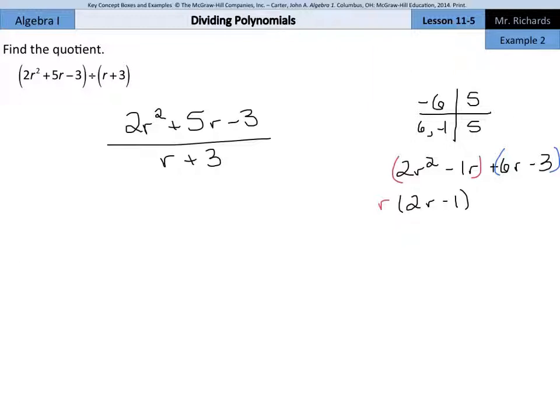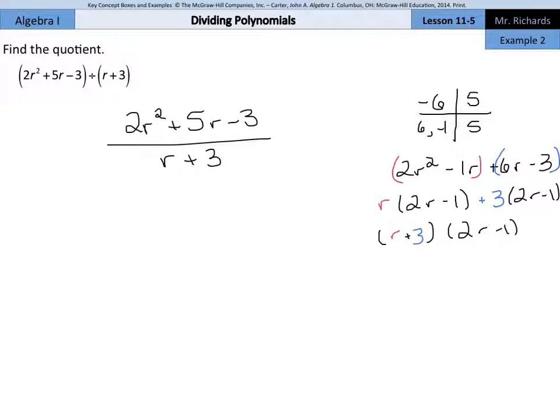And we can factor out a 3 from the second one, plus 3 times 2r minus 1, which then leaves us with the r plus 3 times 2r minus 1. A little refresher into factor by grouping.